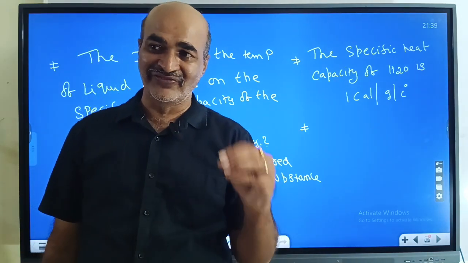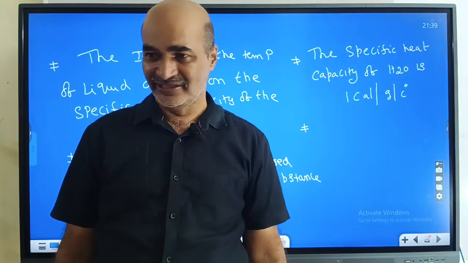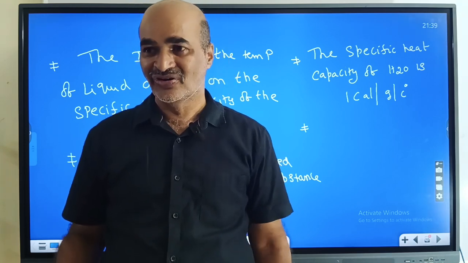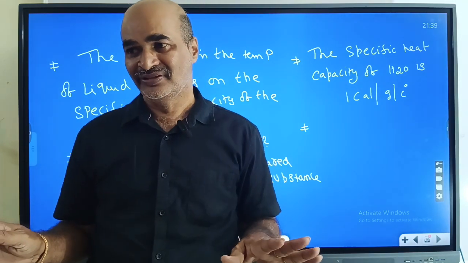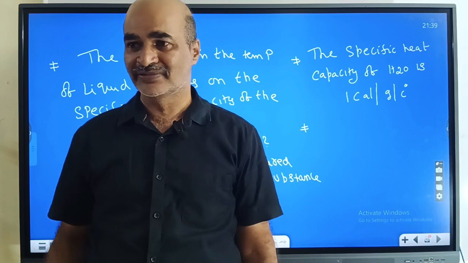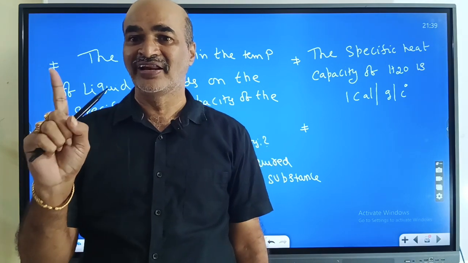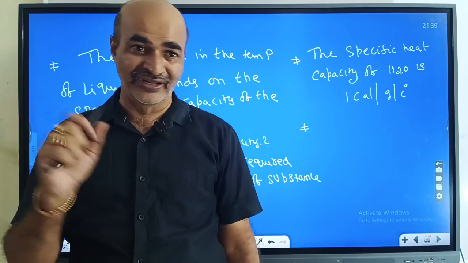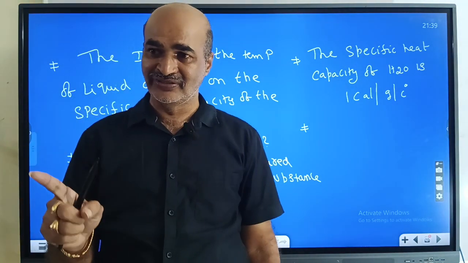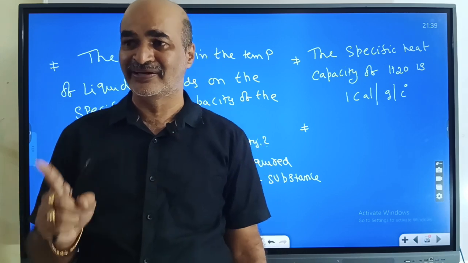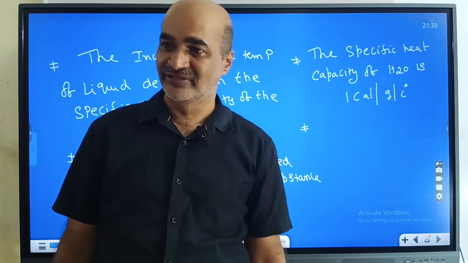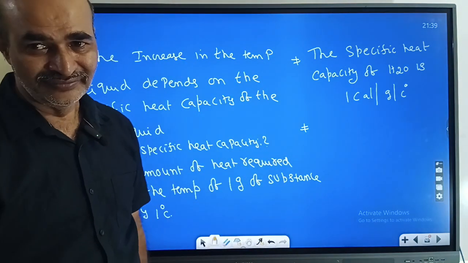So different liquids have different specific heat capacities, and all liquids do not have the same one. In the case of water, the specific heat capacity is 1 calorie per gram. That is, to raise the temperature of 1 gram of water by 1 degree centigrade, 1 calorie is needed. That is the specific heat capacity of water.